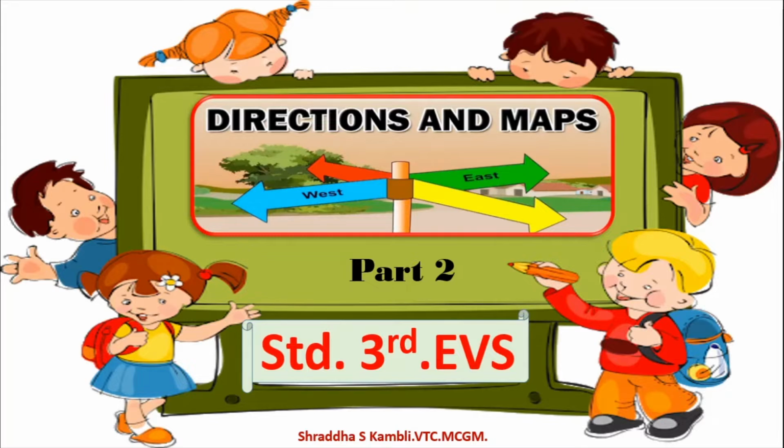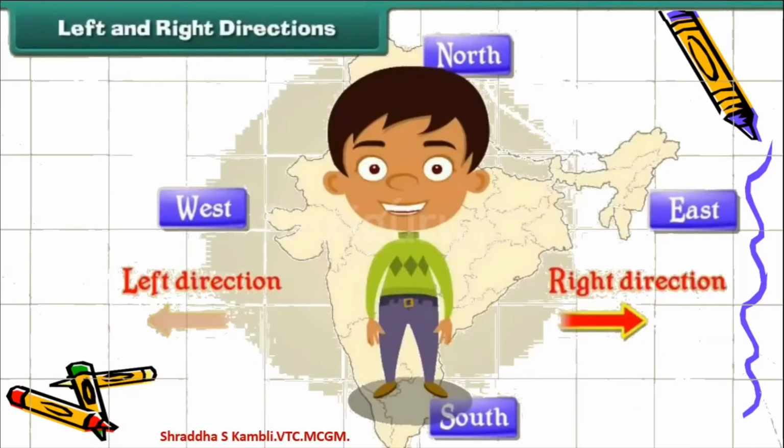So let's go to our lesson now, and let us talk about directions and maps, and let us start by revising a little bit about what directions are. So we learned last time that we talk about directions. We talk about the direction on the left, we talk about the right direction.